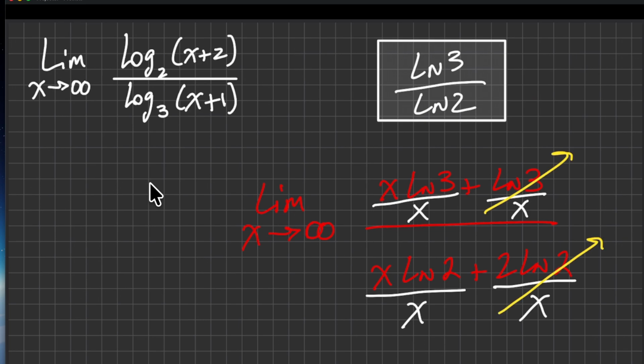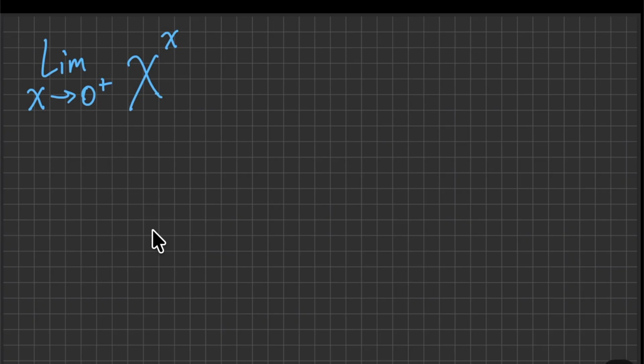So now we can cross out the x's, and we get the same answer of ln of 3 divided by ln 2.